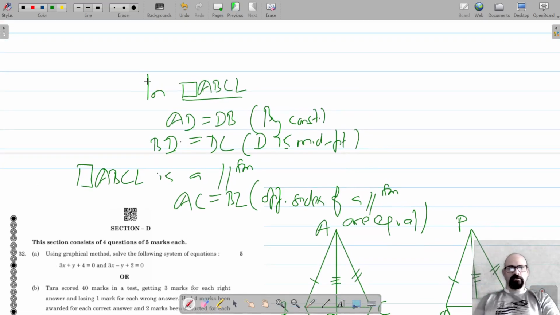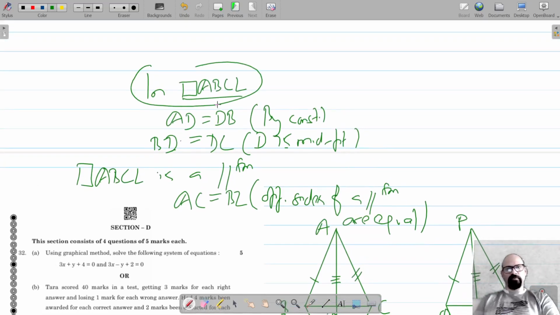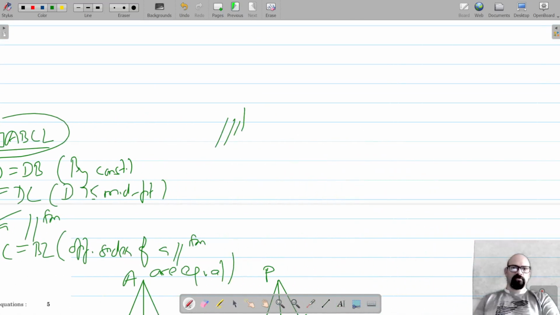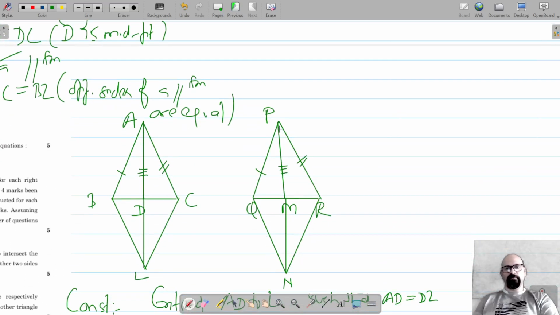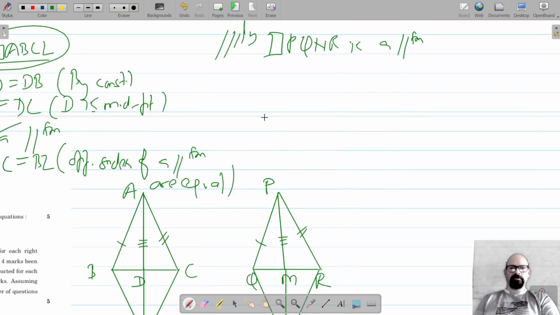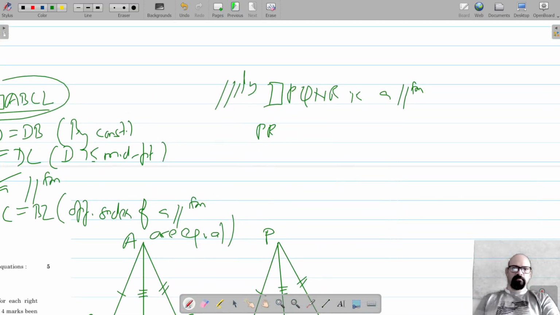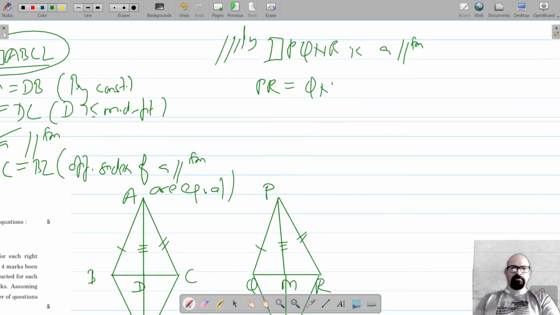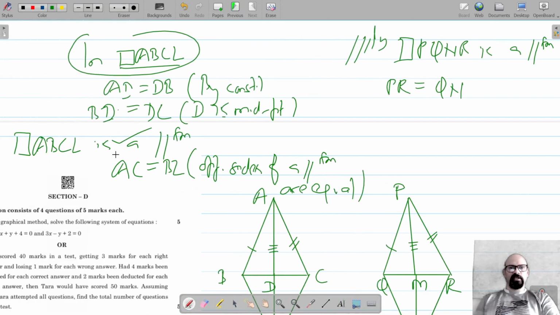Now, just like we have proved that quadrilateral ABCL is a parallelogram, similarly we can prove that this quadrilateral, PQNR, is a parallelogram, which gives us PR equal to QN because these are the opposite sides. So AC is equal to BL and PR is equal to QN.